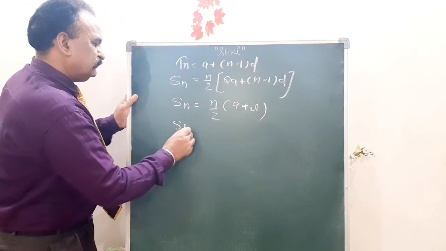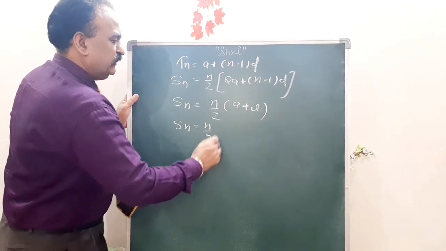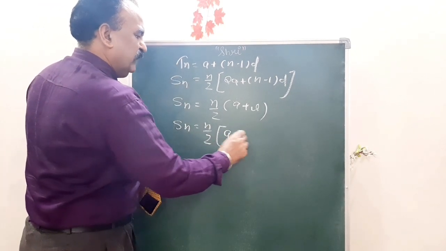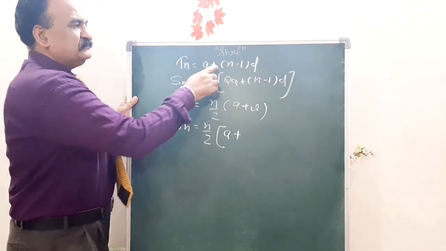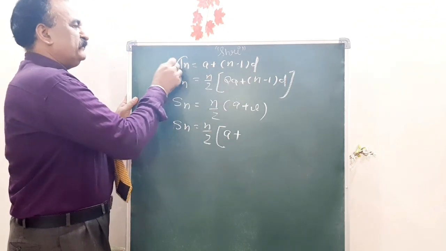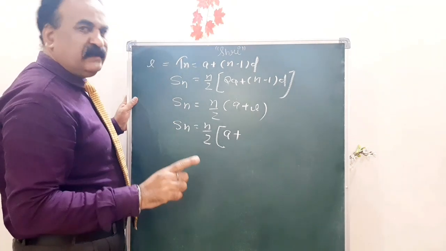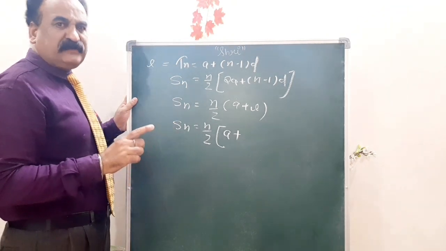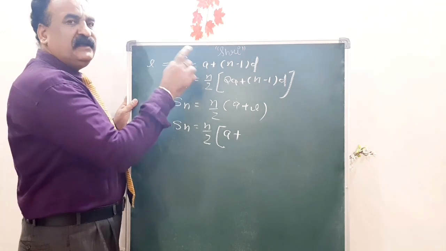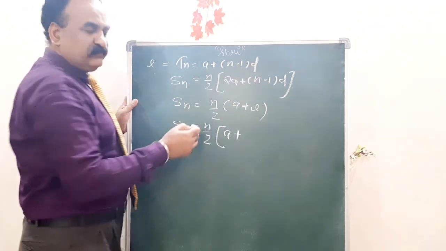Sn is equal to n by 2 into bracket a plus, what is your last term? The last term is this. You can say l is equal to Tn, or sometimes you write an also. All three terms have the same meaning: l, Tn, an. It is a plus n minus 1 into d.